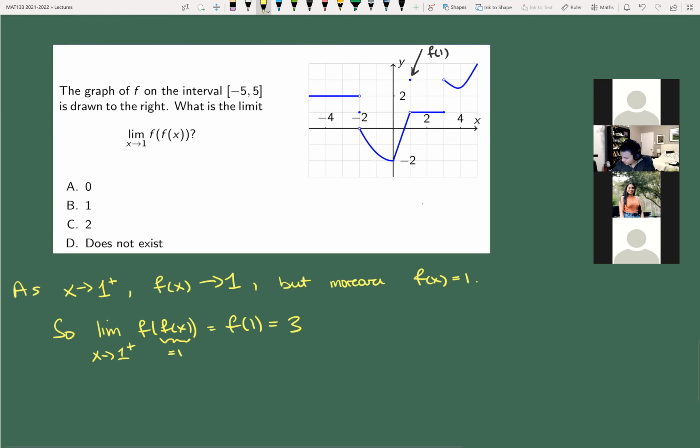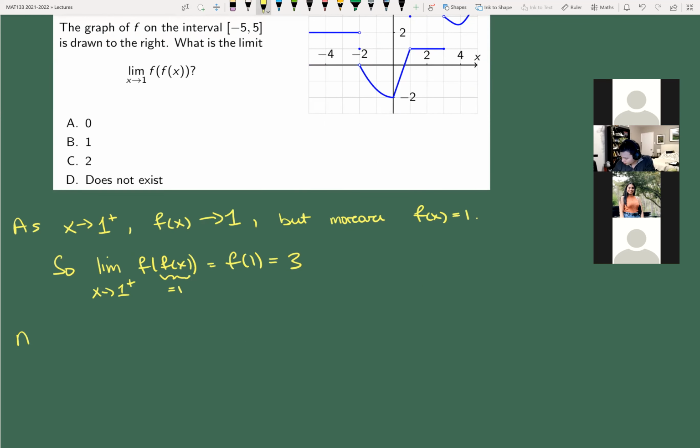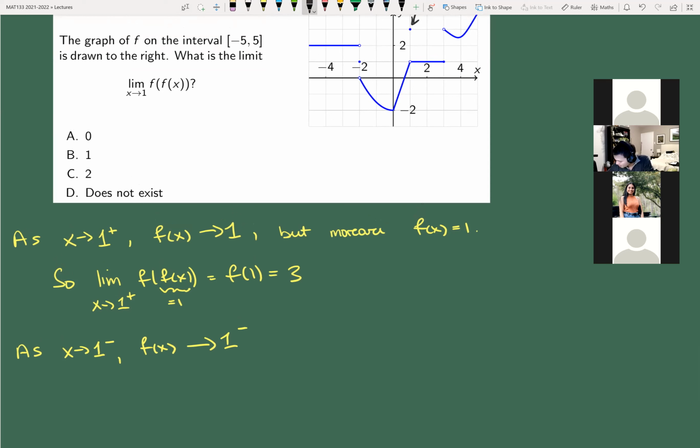As I approach from the left, though, I actually get something else. So as x approaches 1 from the left, f of x is still approaching 1, but this time it's approaching 1 from below, right? So if we go to the graph and I walk this path as I'm approaching 1, I am approaching 1, but I'm approaching it from below.